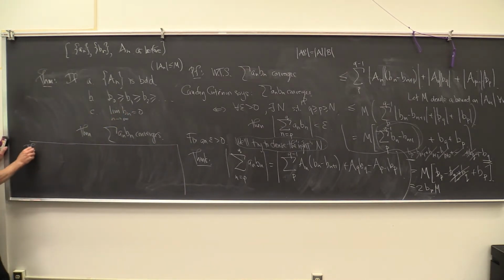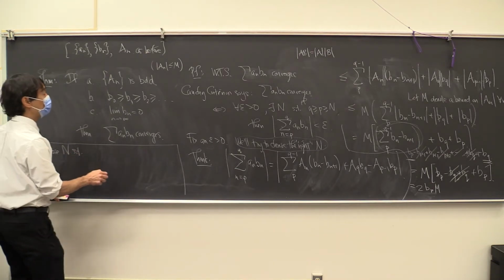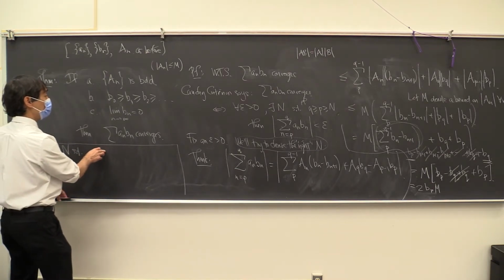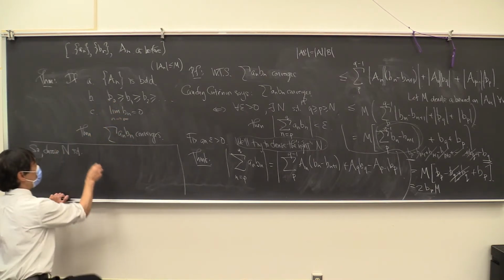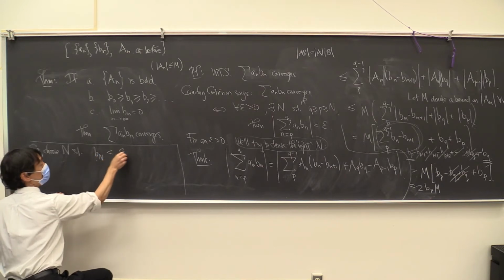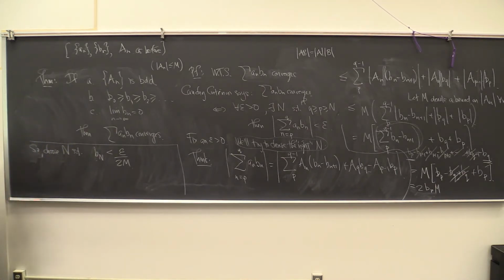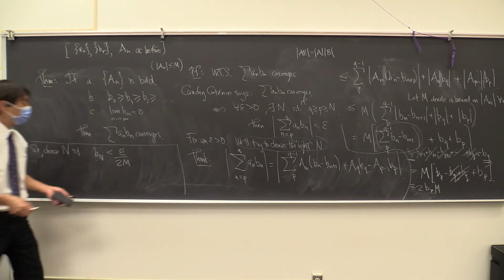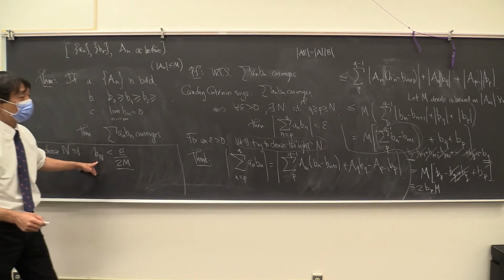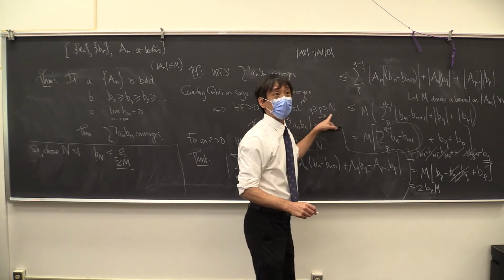So choose n such that b sub n is smaller than epsilon over 2m. Because p is bigger than n.